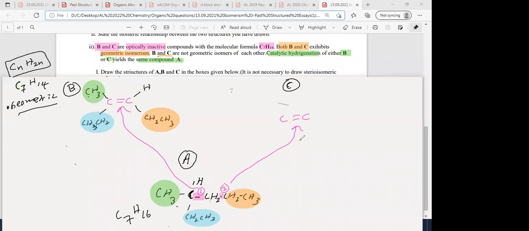Two different groups attached to each carbon. So again, this side I'll draw CH2, number 2, second position double bond. Then this side you get hydrogen, this side CH3. Then this side you get CH, and this whole thing becomes one group.